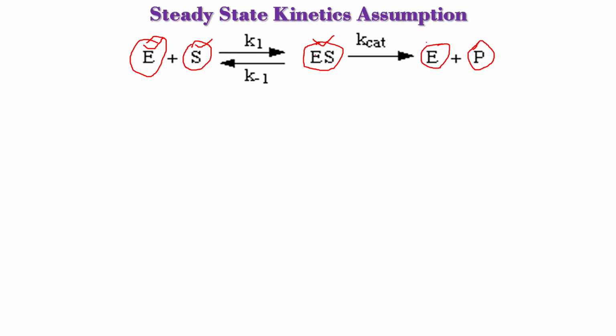Also observe that ES is broken down in two directions. It's broken down back to E plus S, and it's also broken down with the kinetic constant K cat to give E and the product.